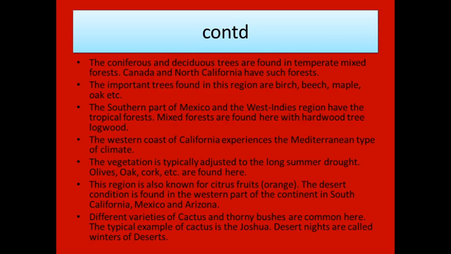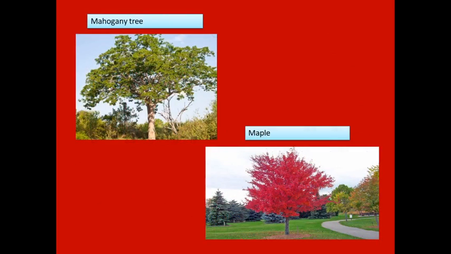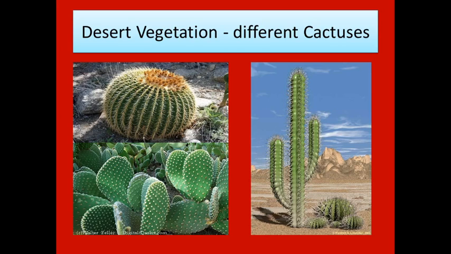Desert nights are called winters of deserts. Can you see the picture of mahogany tree and the maple tree? Different cactuses. Here in the picture you can see this is desert vegetation.